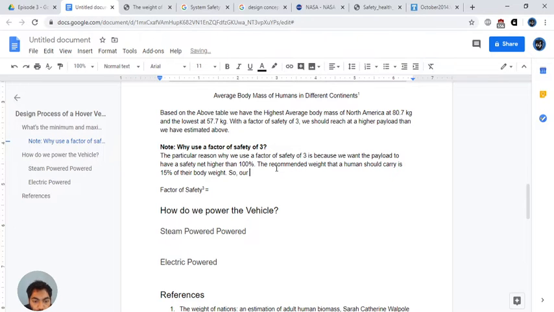So our factor of safety should incorporate that into our calculations.